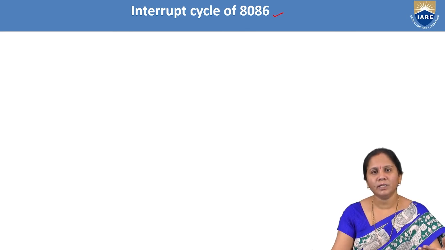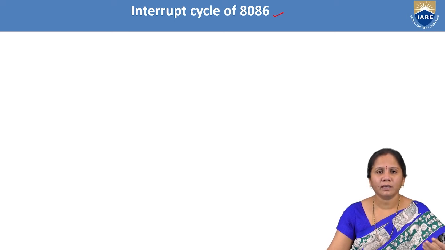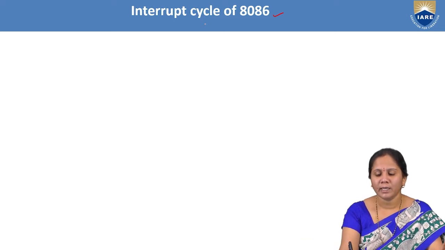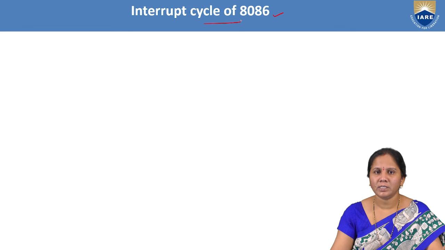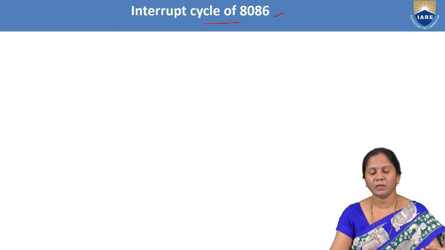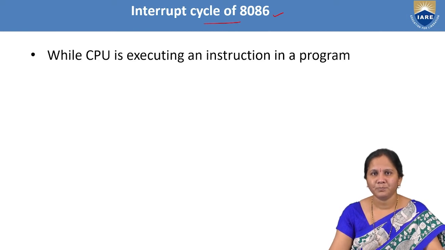After that, how the interrupt service routine is executed, and after executing it, how control comes back to the main program in order to execute the remaining lines of the main program. This entire process is called the interrupt cycle of the 8086 microprocessor, and it covers all these steps.